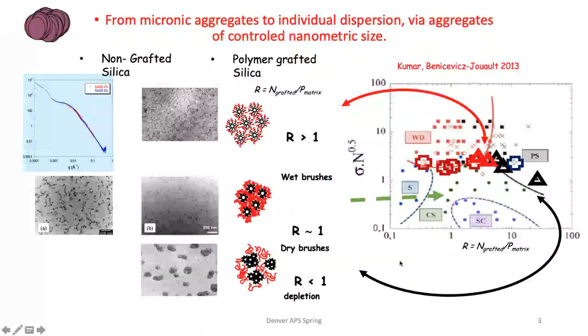So, in a way, there is a consensus in the fact that you can put most of the systems on the same diagram.